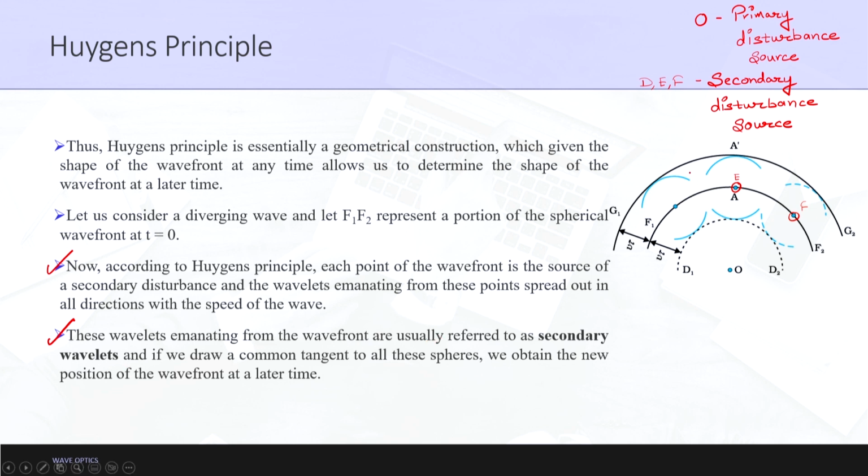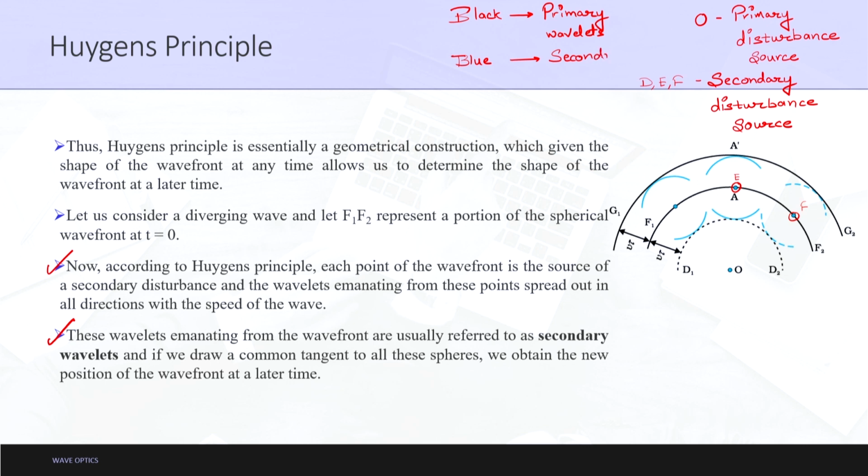Just to iterate again, let me write it here. The black color lines are the primary wavelets, and the blue color lines are the secondary wavelets.